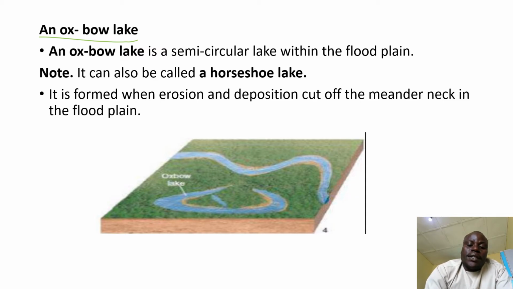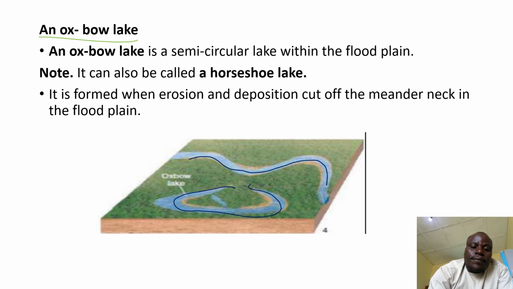If you check on this diagram, this is a river meandering, but it reaches where it meanders sharply and creates sharp curves, and this meander forms a meander neck. This is the neck of the meander.